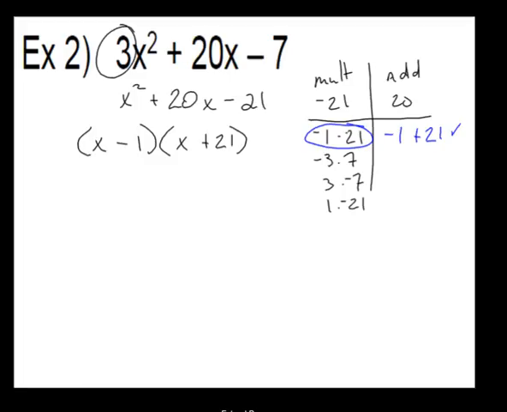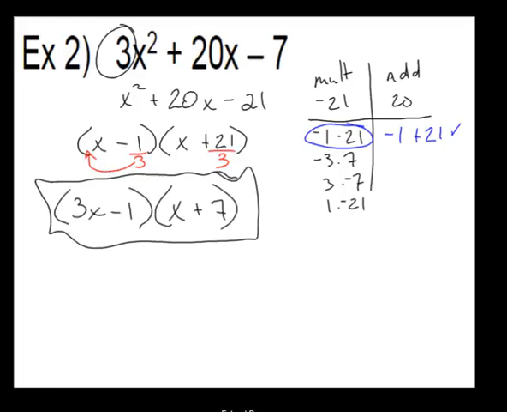So I have to now go back and divide each of these things by 3. Well, 1 I can't divide by 3, so if I can't, this one moves to the front. So this becomes 3x minus 1. Here, I can divide 21 by 3, so I now have x plus 21 divided by 3 is 7. And now it has been factored.